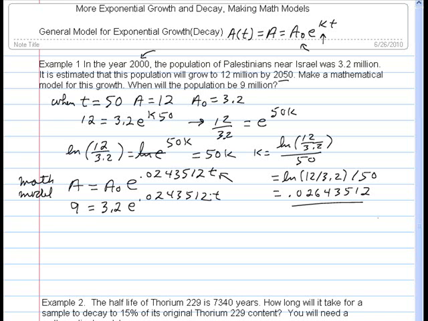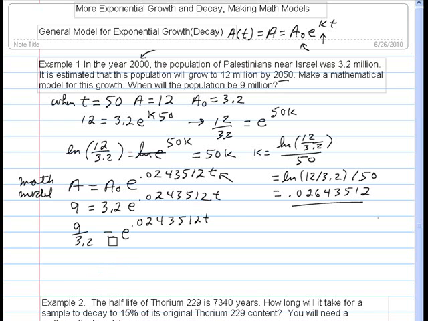0.02435512 T. And first you isolate your exponential, so you get 9 over 3.2. On the other side you get E to the 0.02435512 T. And of course if I take ln of both sides, which I'll do by just moving the equal sign over here and saying ln of this side and ln of this side.